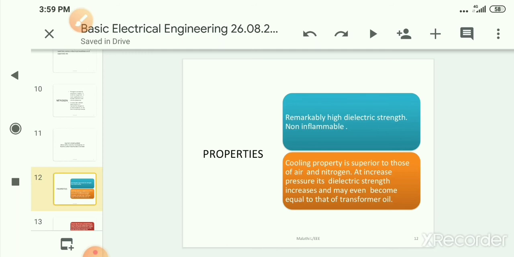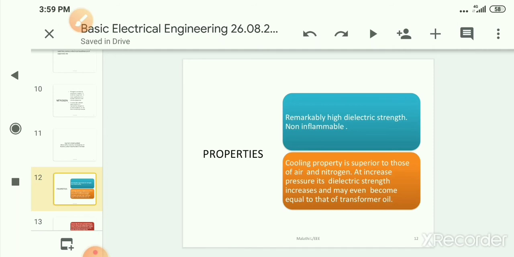These are the two statements related to the comparison between air and SF6. Here SF6 gas dielectric strength is more, and at the same time thermal conductivity is also 3 times higher than air. So SF6 has better heat transfer ability, and it has very superior cooling properties to those of air and nitrogen.